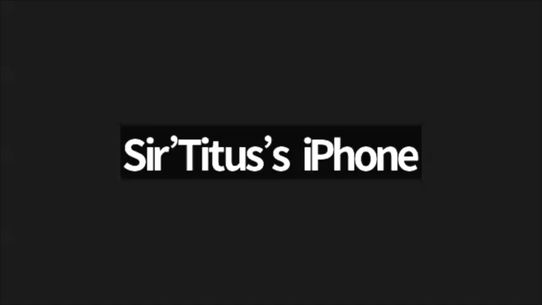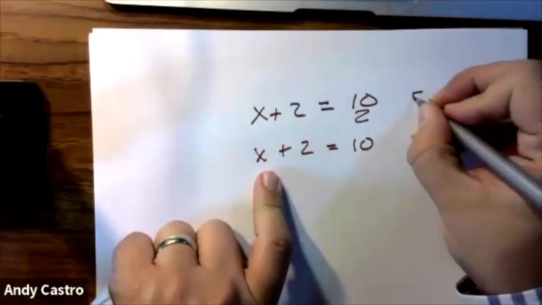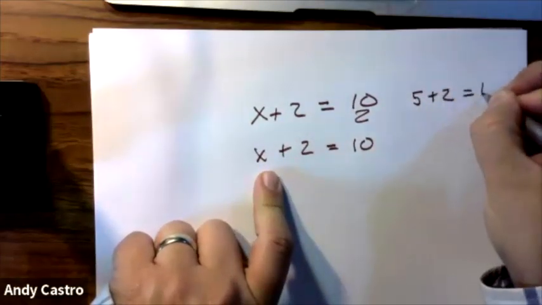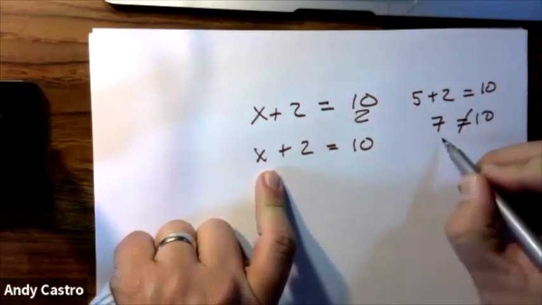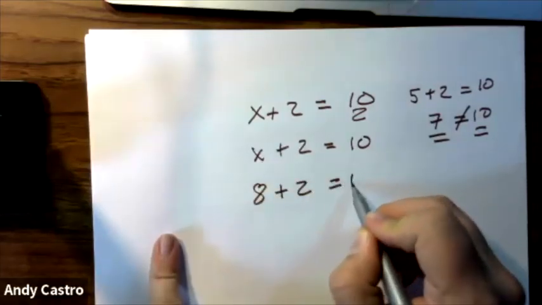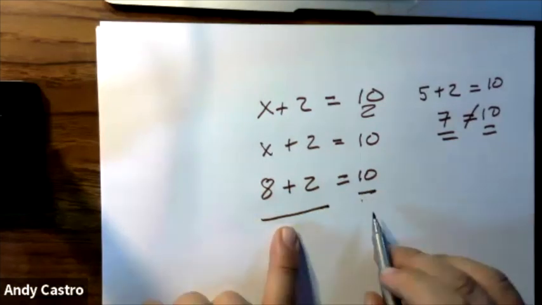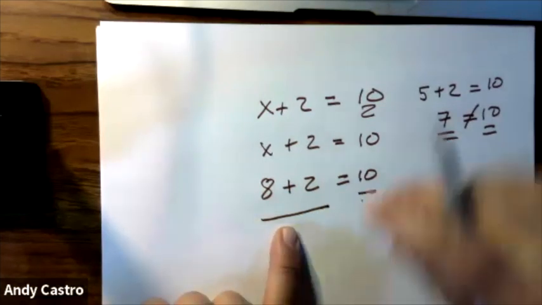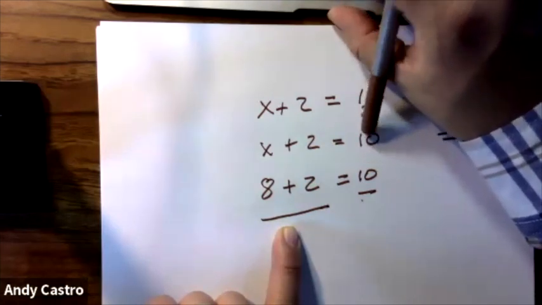Five. Oh, someone's just going to say it out loud. It's not 5 because 5 plus 2 is 7, and 7 does not equal 10. It is 8. If I plug in 8 for x, 8 plus 2 is 10. Very good. I had two people message me also with 8.